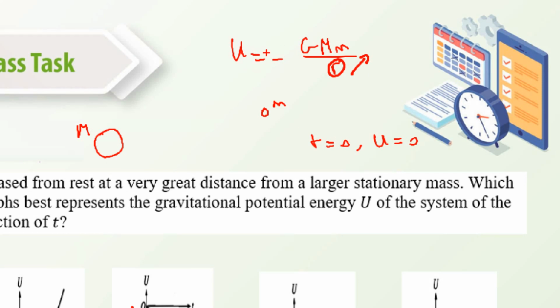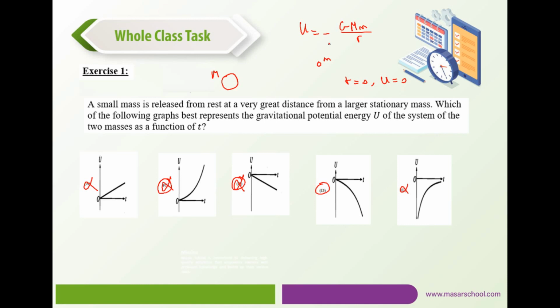The magnitude of U is decreasing, but because we have a negative sign, the values of U are increasing. So the graph that best represents this is D.